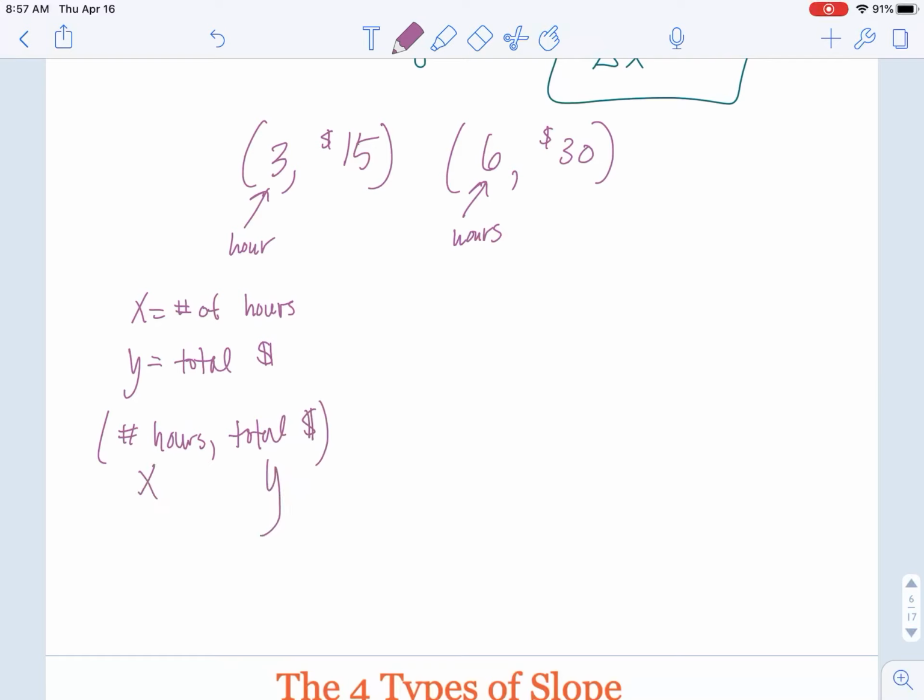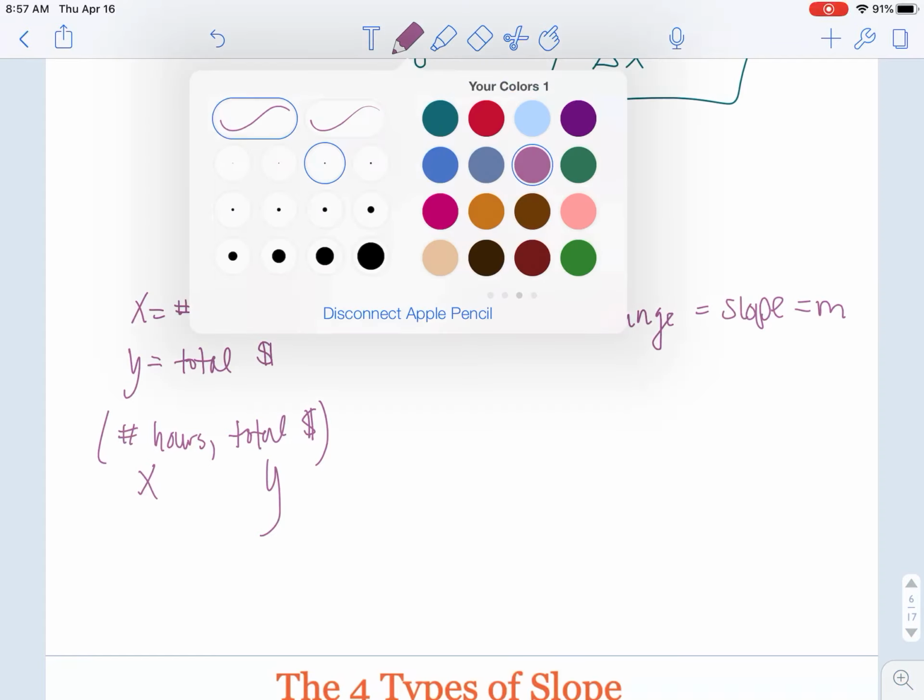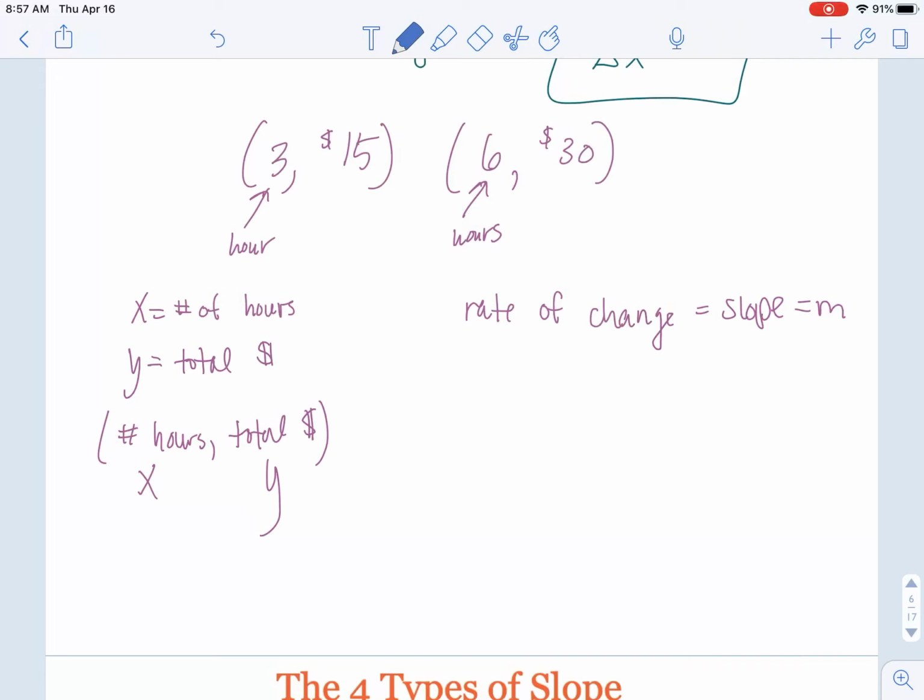So if I want to find out my rate of change, my slope, how much I'm making per hour constantly, which is my rate of change, and we know that that means slope. It's the exact same thing. They're synonyms. I can look and I can see: am I going to be talking about how many hours per dollar I have?